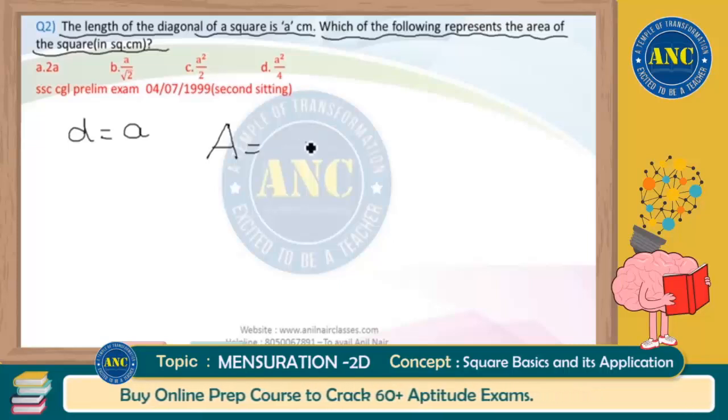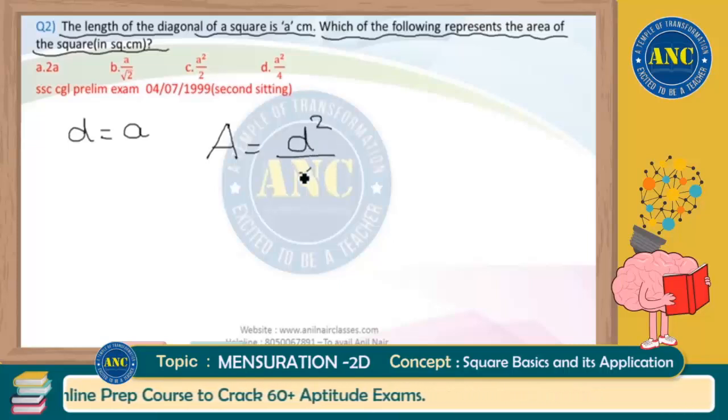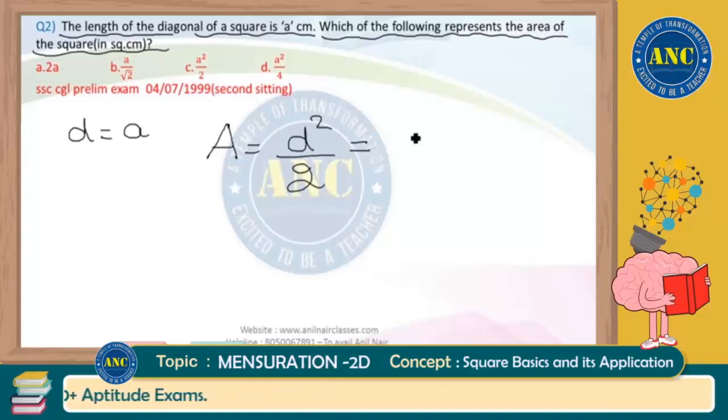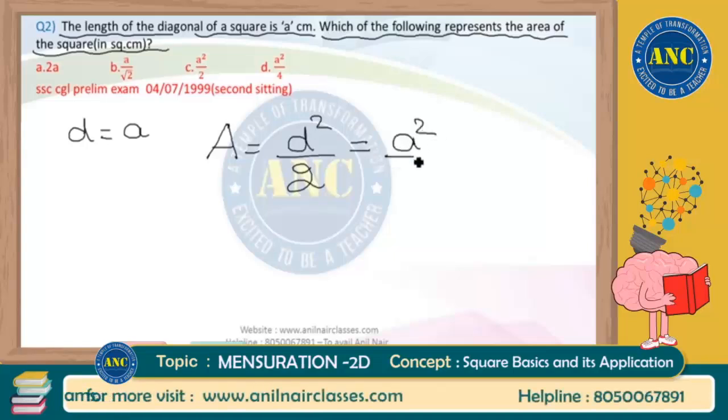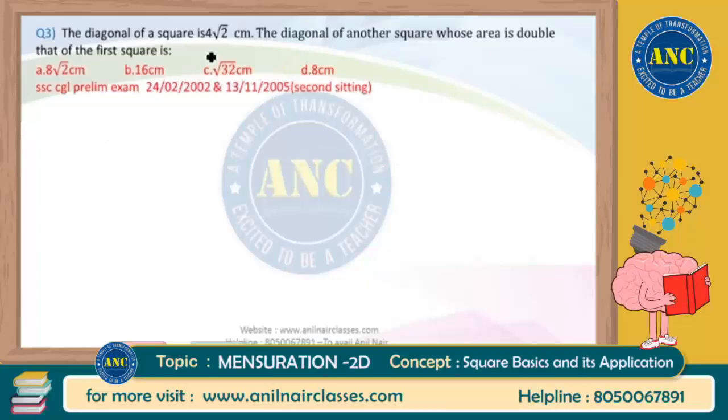Area of a square is diagonal square divided by 2. But diagonal value is given in the question as a. So it is a square divided by 2, which is nothing but option C. Very straightforward question. Consider yourself lucky if you get such kind of questions in your examination. Please see the next question, sir.